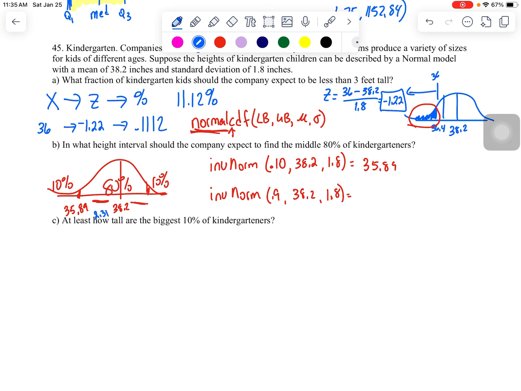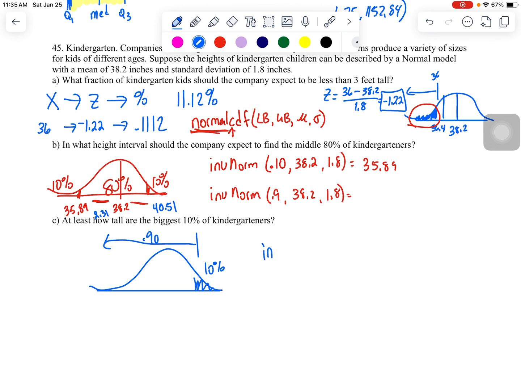So you have a couple different ways you can do that. How tall are the biggest 10% of kindergartners? We just knocked that one out real fast. We want my top 10%, which is my bottom 90%. So I have to inverse norm the bottom 90% with a mean of 38.2 and a standard deviation of 1.8.